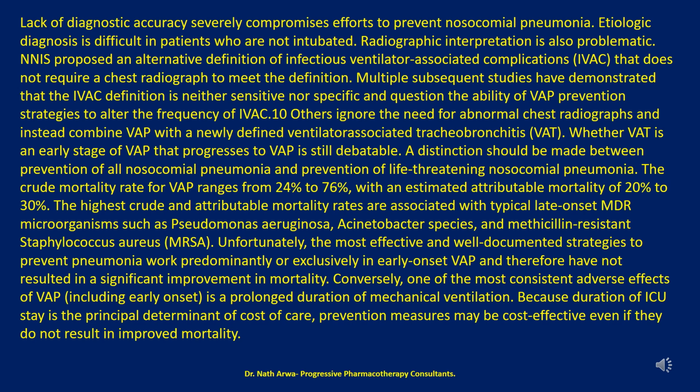The crude mortality rate for ventilator-associated pneumonia ranges from 24% to 76%, with an estimated attributable mortality of 20% to 30%. The highest crude and attributable mortality rates are associated with typical late-onset multi-drug-resistant microorganisms such as Pseudomonas aeruginosa, Acinetobacter species, and methicillin-resistant Staphylococcus aureus, abbreviated as MRSA.